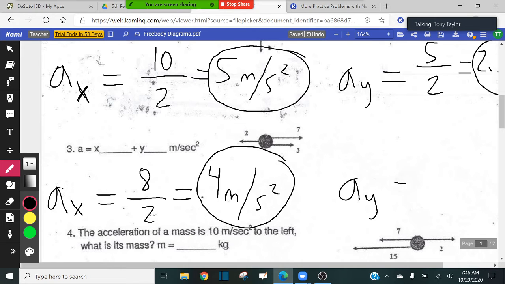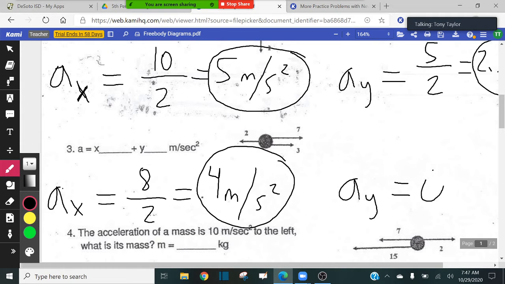Now, what about my acceleration in the y direction? If you guys notice here, I don't have any y forces. There are no vertical forces acting on this free body diagram. So if there are no vertical forces, it should be obvious to you what the acceleration is. 0 force, 0 acceleration.